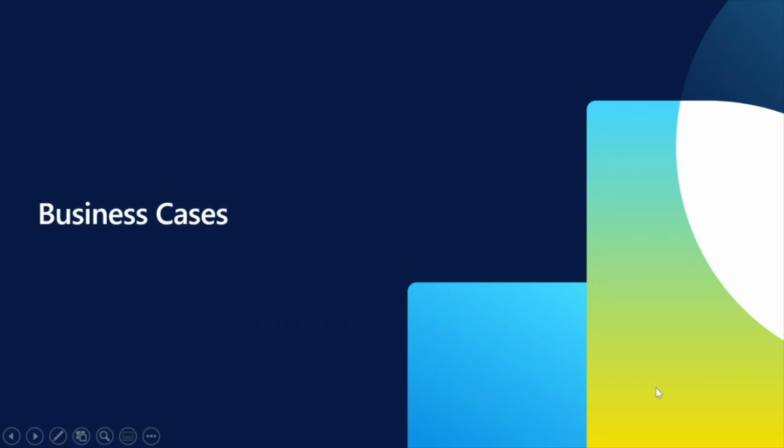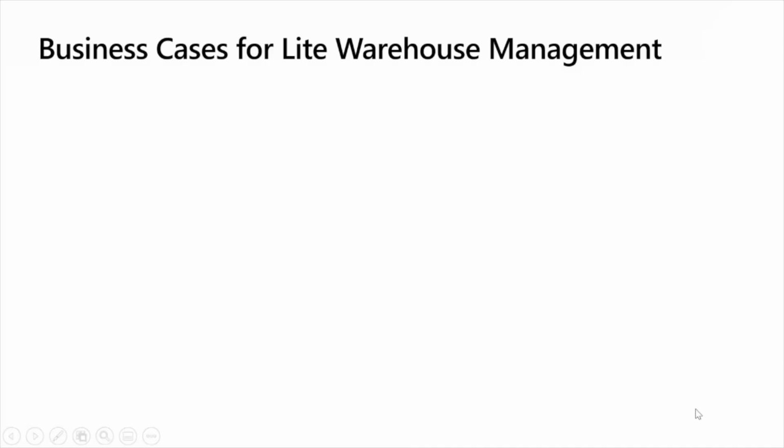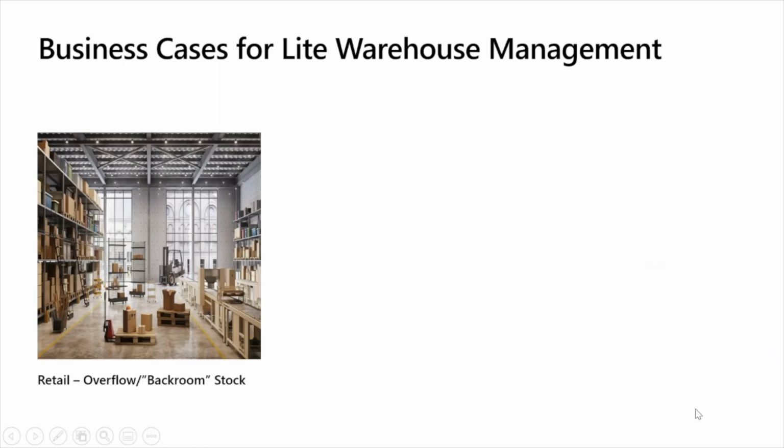Okay, so let's start with some of our business cases. So I've put a few examples in here. The first one being a retail example. So if we think of a store that has got a back room of stock, they may want to manage that with warehouse management to be able to receive goods into that stock, maybe do some adjustments to their inventory, maybe pick inventory out of there for a scenario like a curbside pickup or an online order fulfillment, something that we saw become more and more common during the pandemic.